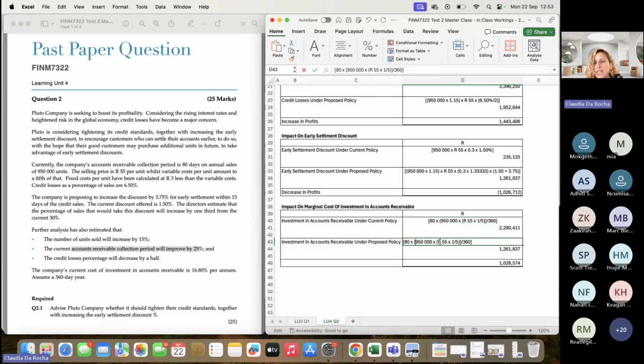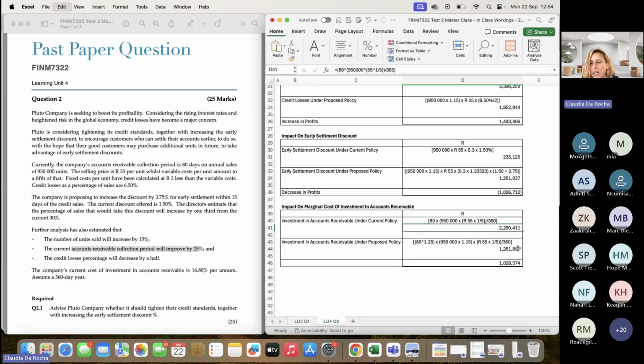I'm going to increase my 80 by the 25%, times my 950,000 that's being increased by the 1.15 because remember we had the 1.15 that's been brought through the whole time, times my cost, which is the 55 Rand at 1/5, all divided by 360.